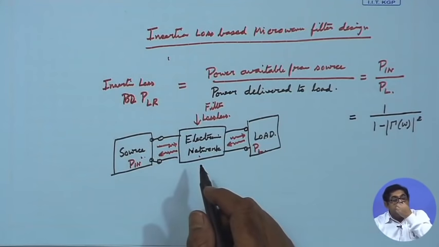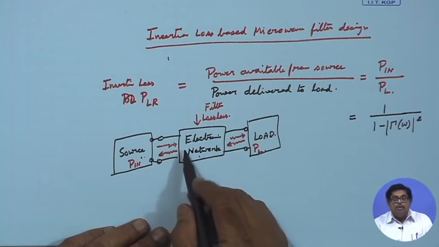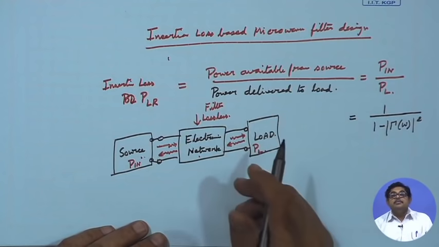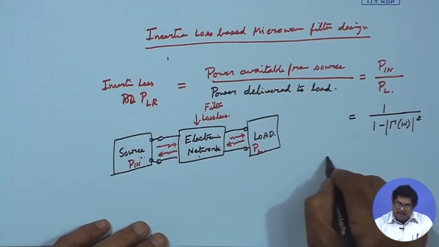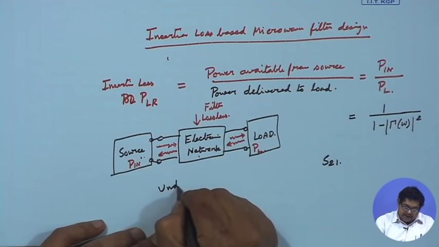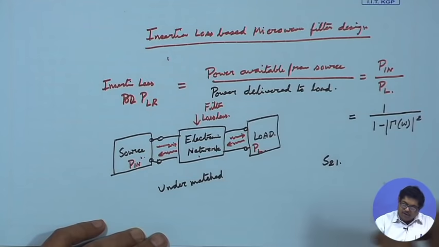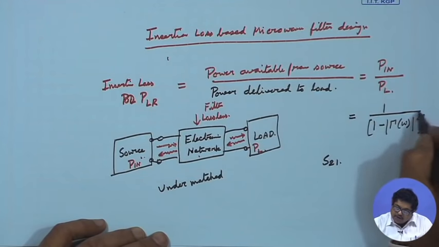In high frequency or microwave, what is that? Suppose I give some voltage, how much voltage comes here, that I can express by a ratio called S parameter S21. So, I can say that under matched condition, this is one, and also I should then say that this is S21 square.